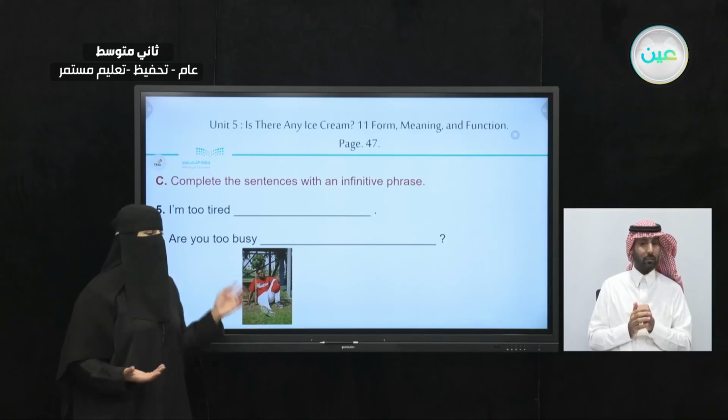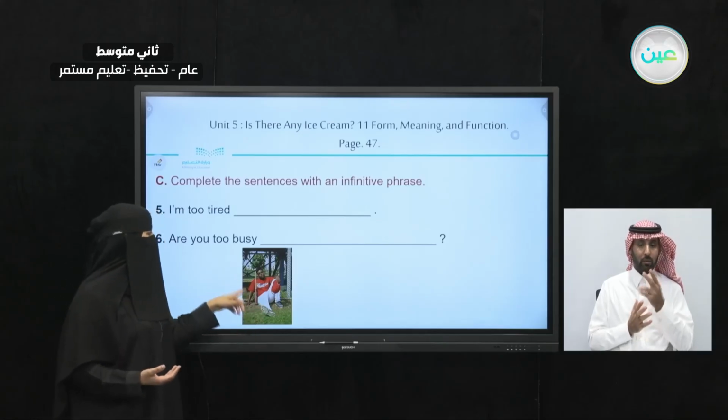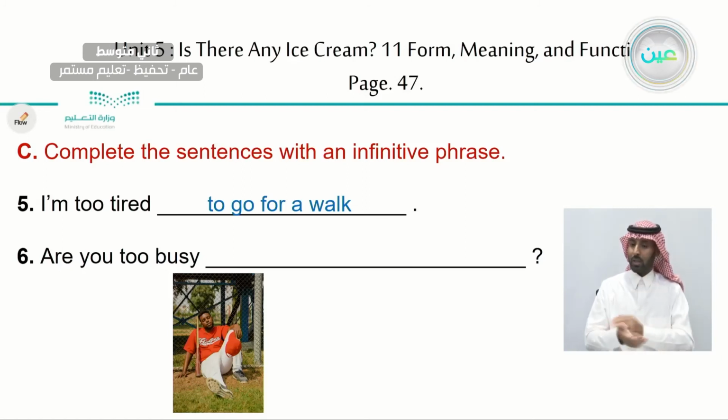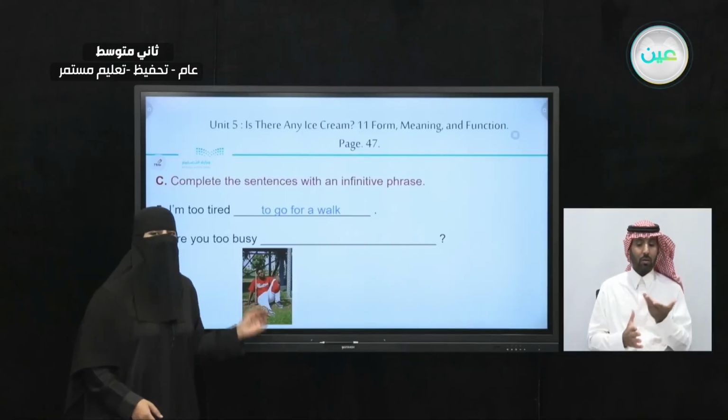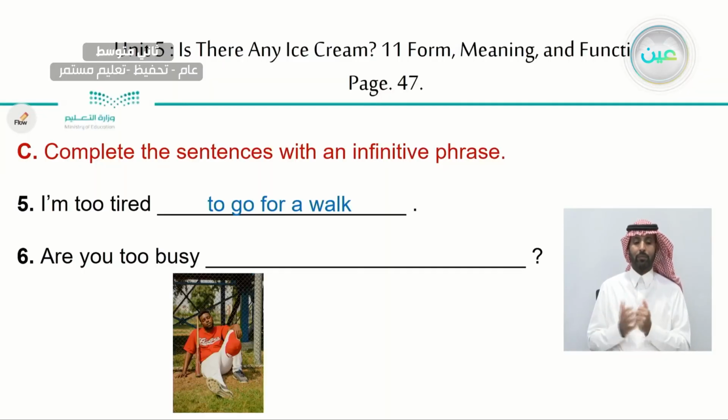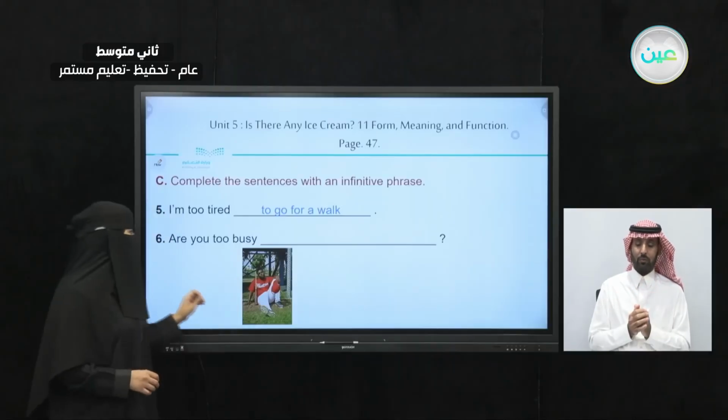So what about this? Let's take a look at the example here. I'm too tired to what? I'm too tired to go for a walk. He's too tired to go for a walk. That's why he's sitting here to relax. And here, there's a question. It's not just a sentence. So what are you going to add here for the question?